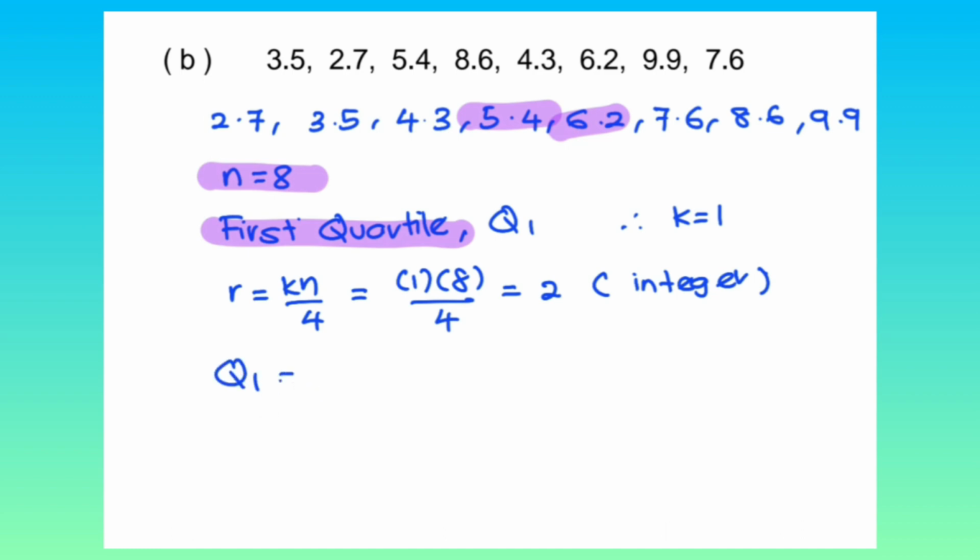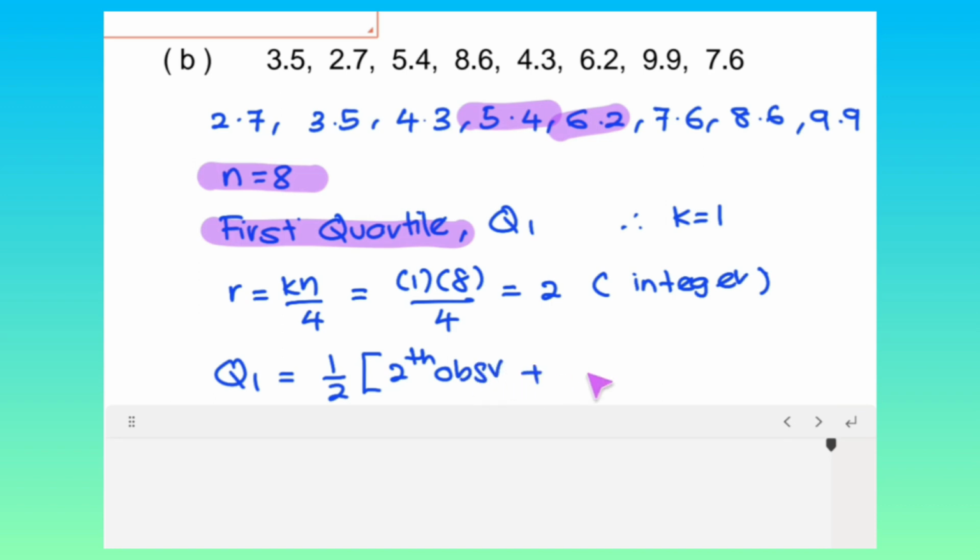So Q1 will be 1 over 2 times the second observation plus the third observation.